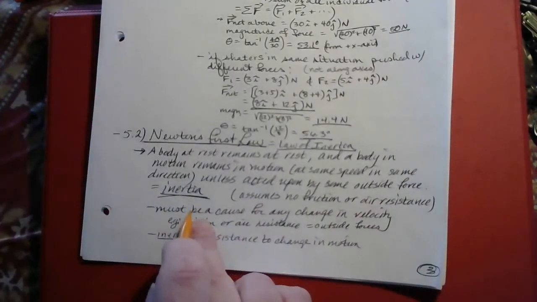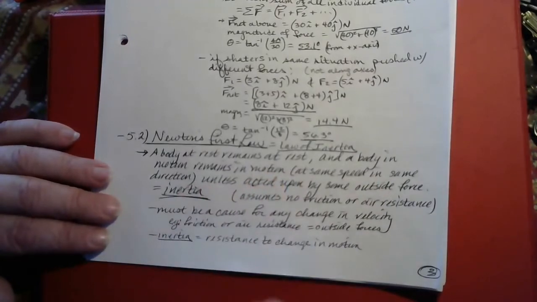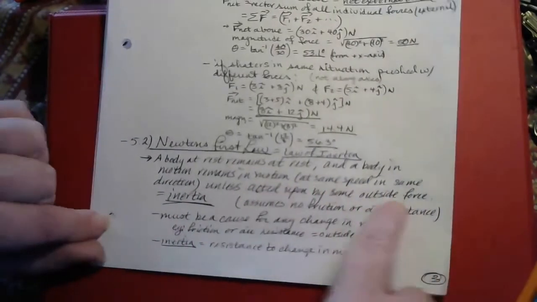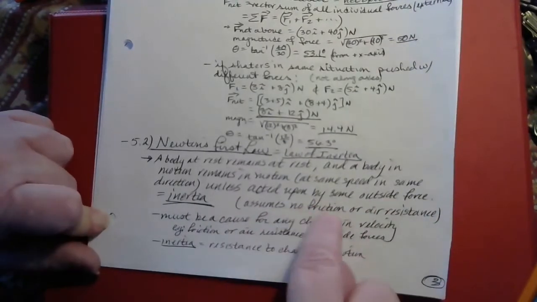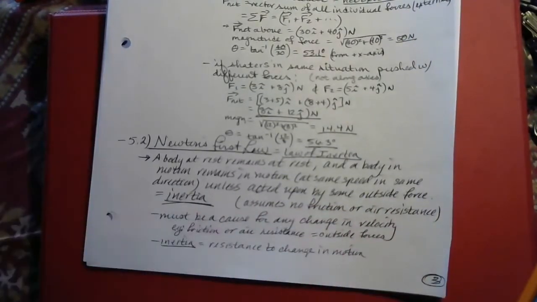Otherwise, it's just going to sit there. But a body in motion remains in motion unless some exterior force comes along to change that. Well, friction and air resistance are external forces. And so even if you allow for friction and air resistance, Newton's law still applies.